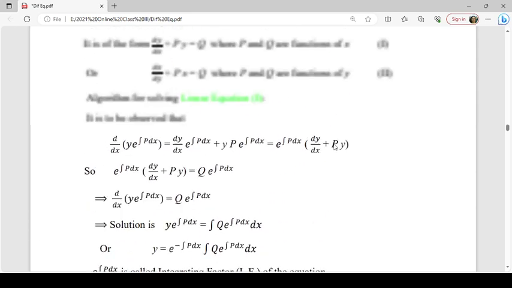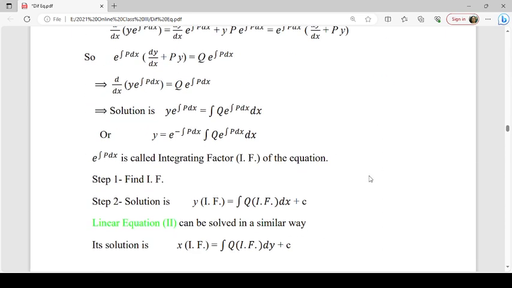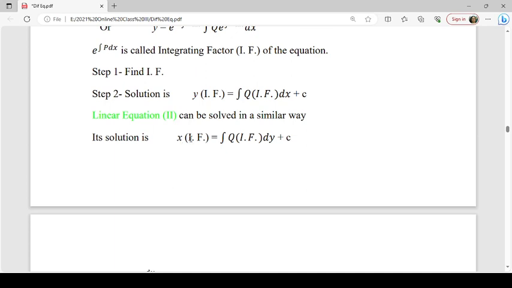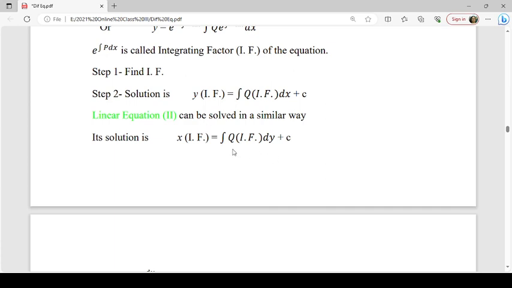If we say x is the dependent variable and it depends on y, the independent variable, then it will be x into integrating factor, where the integrating factor will be e to the power integration p dy, then x into integrating factor is equal to integration of q into integrating factor with respect to dy.